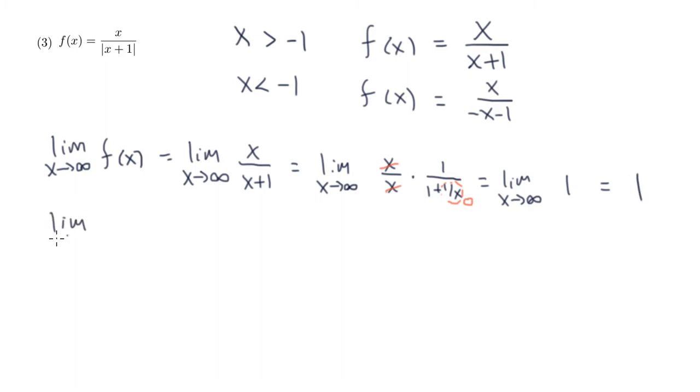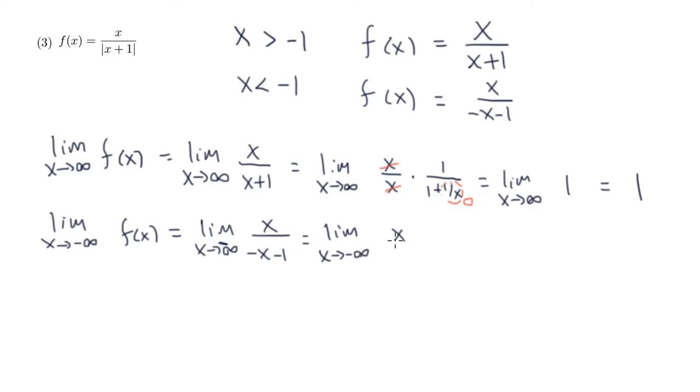Now, you can see what's going to happen as x goes to minus infinity. Everything is going to be the same, except I'm going to have to use this bottom definition. Because as x goes to minus infinity, x is certainly eventually going to be less than negative 1. So the limit as x goes to minus infinity of x over negative x minus 1 is the limit as x goes to minus infinity of x over x times 1 over minus 1 minus 1 over x.